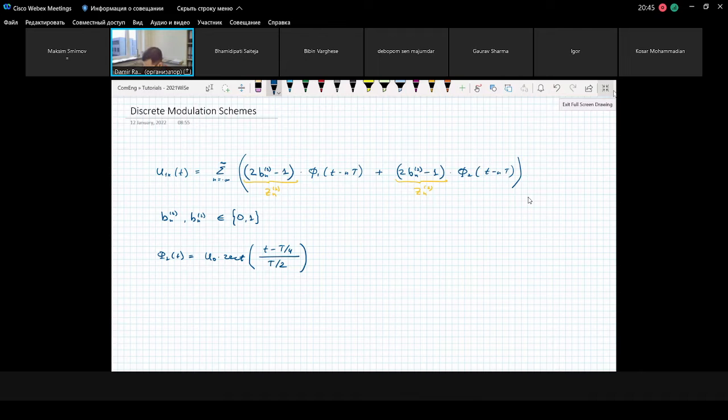That is the first pulse shape function, and the second pulse shape function phi2(t) equals u0 times a rectangular pulse, but with a different shift: (t minus 3T over 4) divided by T over 2. And that's all. u0 is the voltage of our signal.